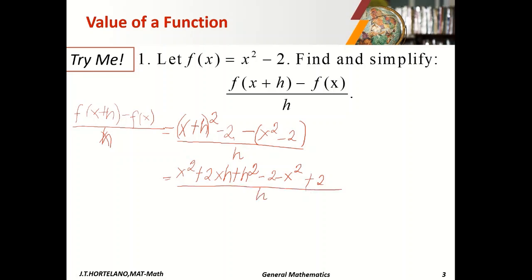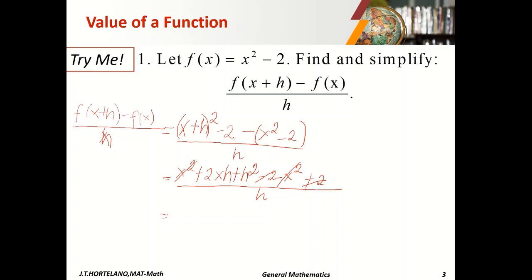Now, simplify. We know that x squared and negative x squared can be cancelled. Okay, so this will become 0. And the negative 2 and positive 2. So we're left with 2xh plus h squared.